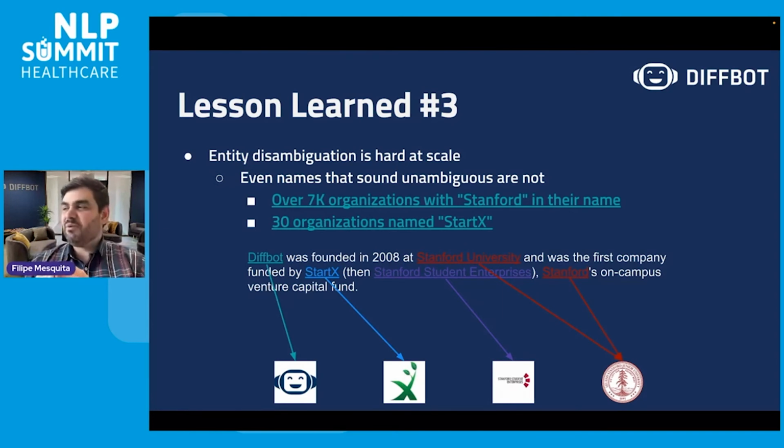So the problem of looking at a name and linking that name to an entity in the knowledge graph does require very sophisticated machine learning as you scale, basically. Several of our customers come to us to help them improve this aspect of the system, again, because as soon as they go from a small collection of company or people entities to a much bigger one, this is a problem for sure.